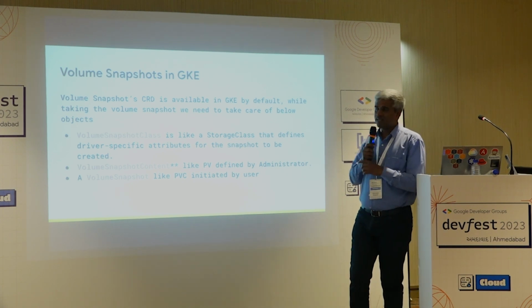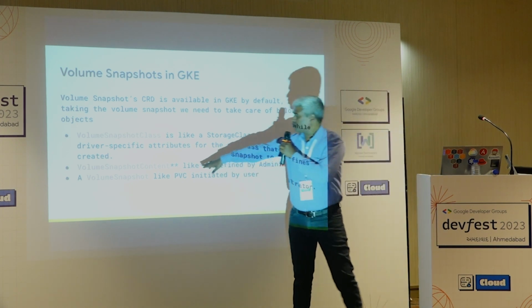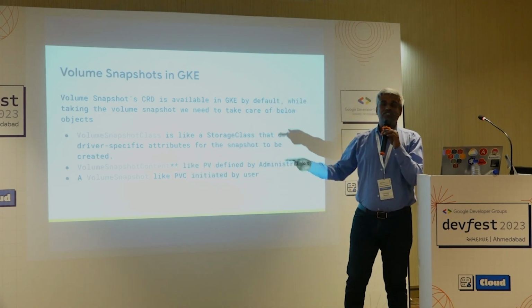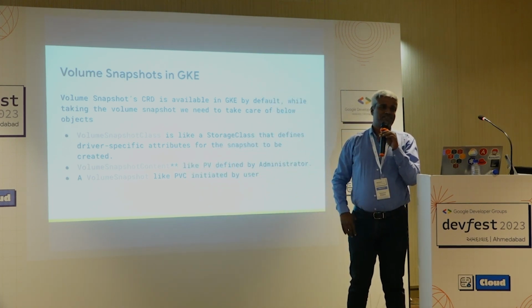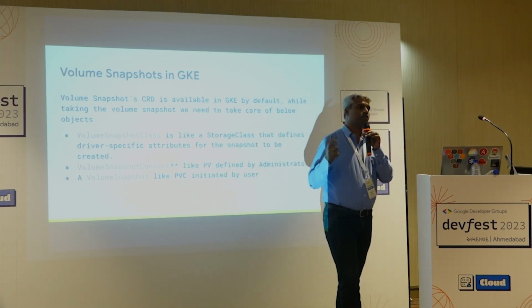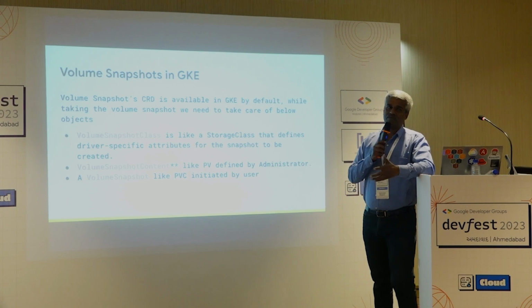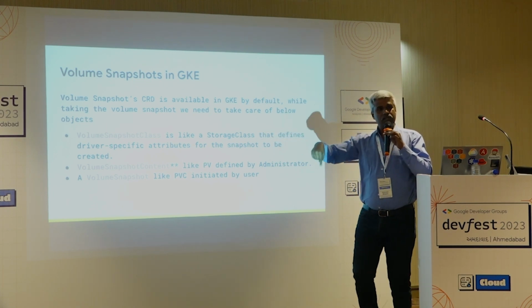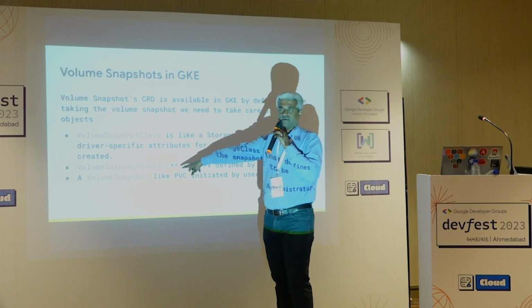Can anyone guess? You don't need to create this, by the way. When you are using a dynamic method, this gets created automatically. That is why I have put the star here. If it is manual, then of course you have to create it, right?